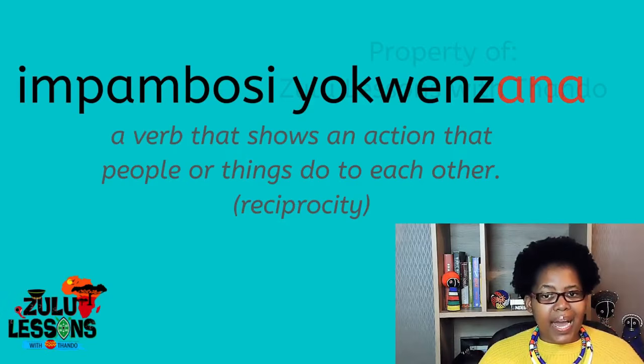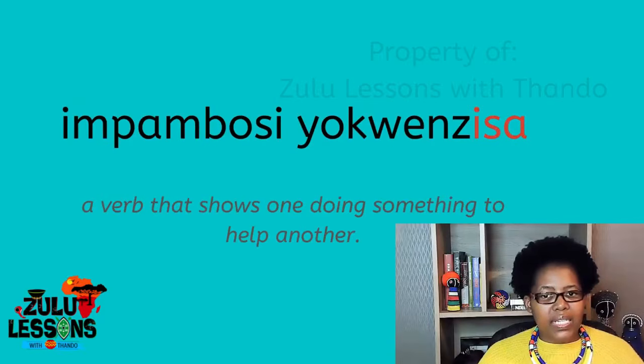We've covered ana, impambosi yokwenzana, which is to do something to one another. We've covered isa, impambosi yokwenzisa, which is really to help another.